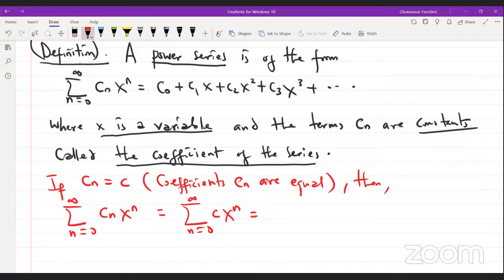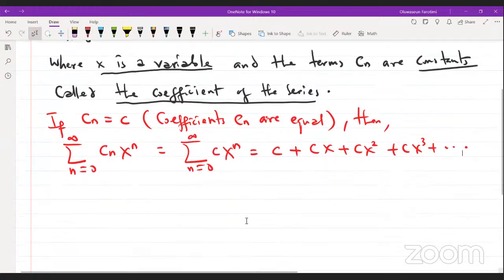Because C is fixed, it's just a constant. When n is 0, plug in 0 here: x to the power of 0 is 1, so you just have C. The next terms become Cx plus Cx squared plus Cx cubed, on and on, because this is an infinite series.